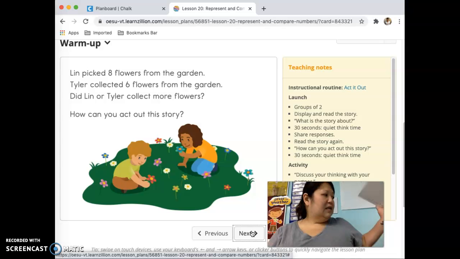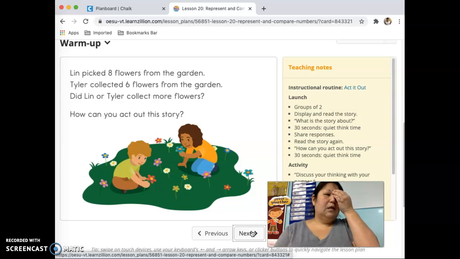Our next activity was a group activity, and it really requires you to have somebody to work with. So I think what I'm going to do is give you the work from yesterday, which really connects well with what we did today. Okay, so what I'm going to have you do is get into your math workbook.